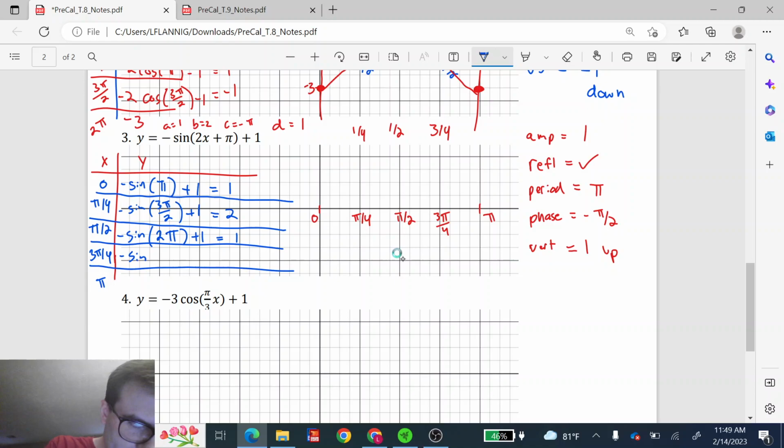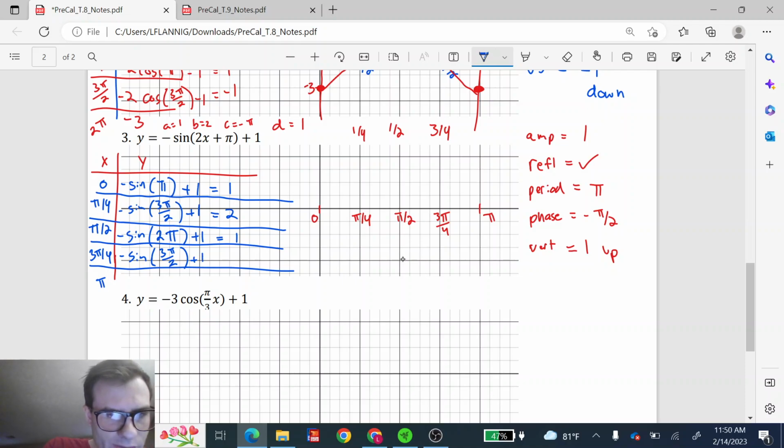We have negative sine. Again, we're going to plug in 3 pi over 4, multiply that by 2, so we have 6 pi over 4, plus pi is 10 pi over 4, which ends up being negative 1. So this is going to be the same as 3 pi over 2, plus 1.